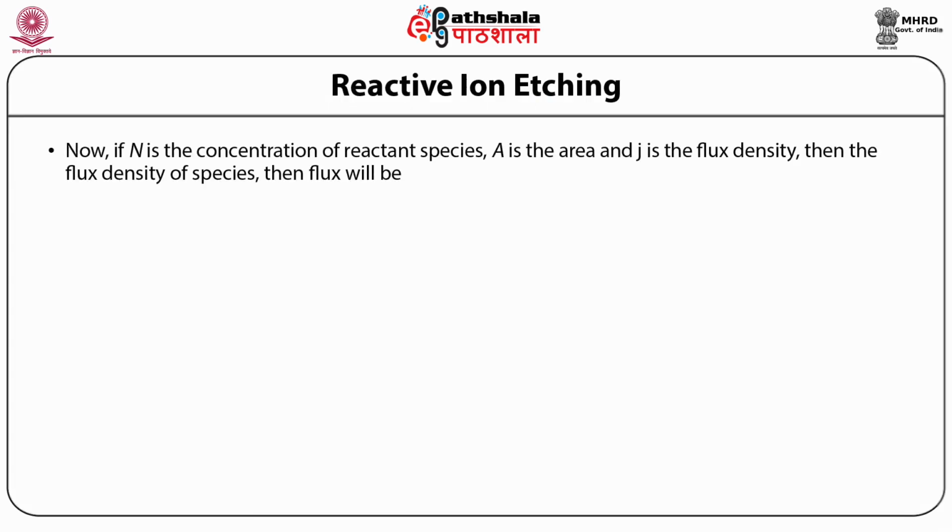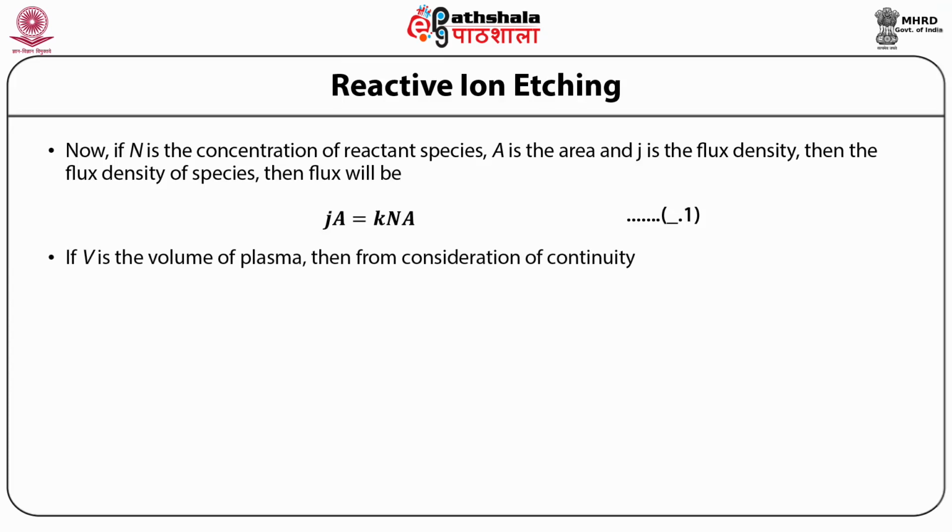Now, if N is the concentration of the reactant species, A is the area, and J is the flux density, then the flux will be J into A equals K into A into N. If V is the volume of the plasma, then from consideration of continuity, dN by dt equals G minus KNA by V minus N by tau.